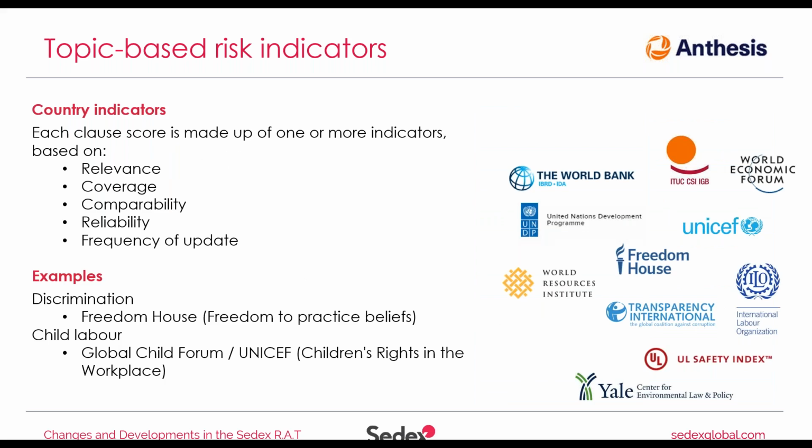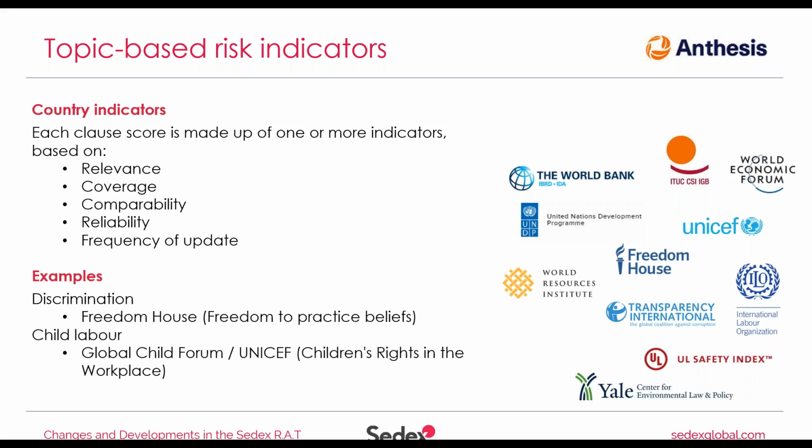I just talked you through how the inherent risk scores are made up in our new tool, and I'm now going to talk to you a little bit about where the information comes from that goes into those country and sector risk scores. As I said, we're not using the Verisk Maplecroft data for scoring. In this tool, we have pulled information from well-respected, publicly available and international databases on indicators for risk.